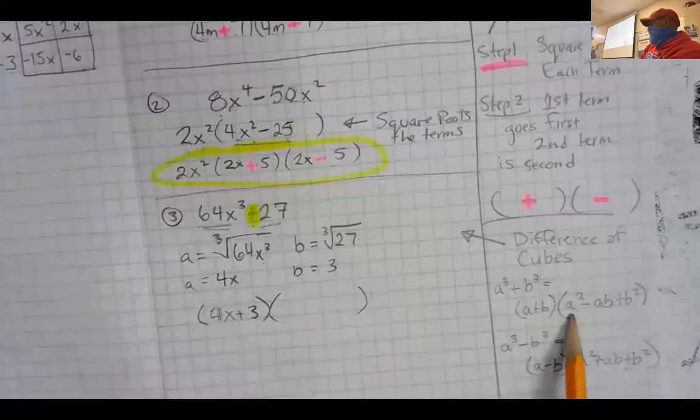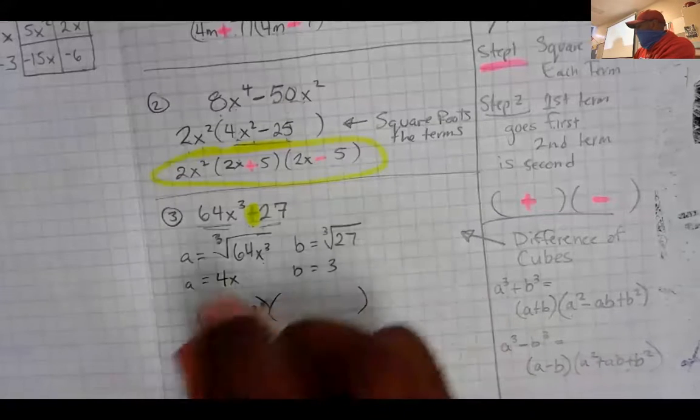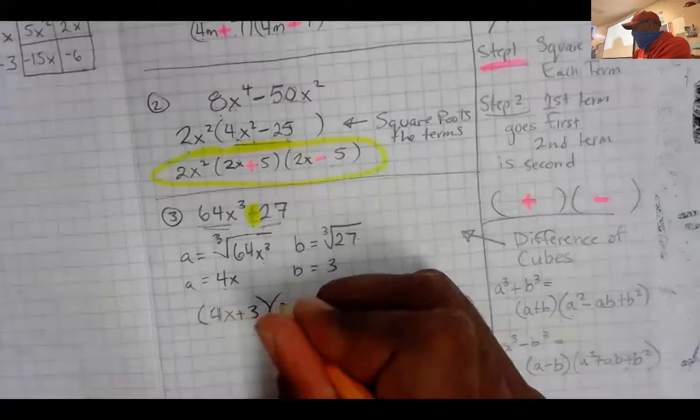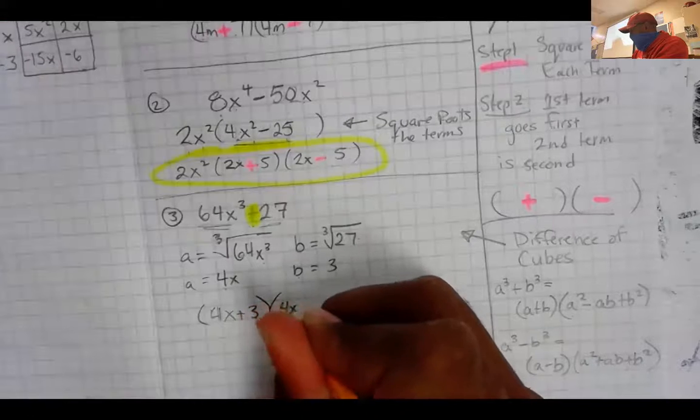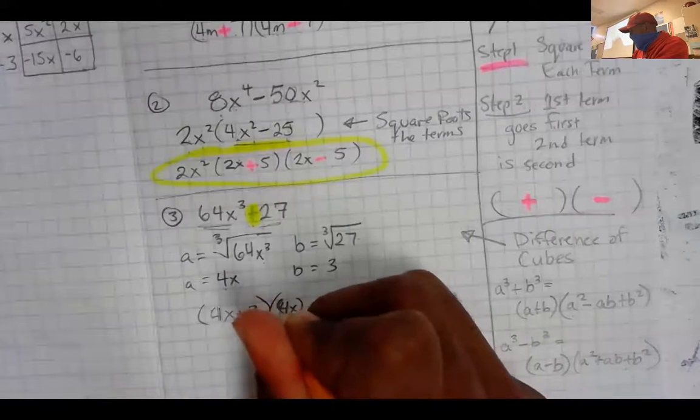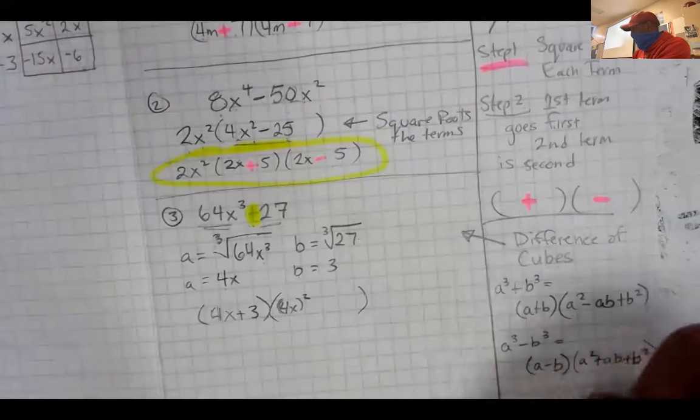And then you can see it says A squared, so I'm going to take A and square it. I'm actually going to write it in here just so you can see where this comes from.